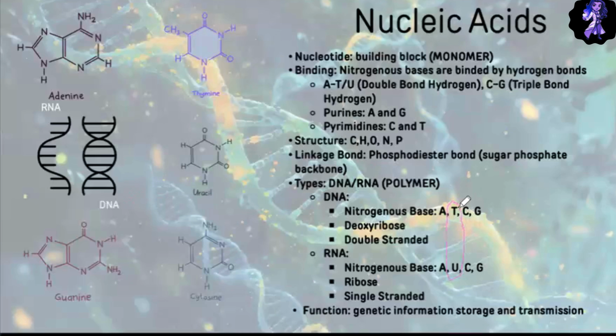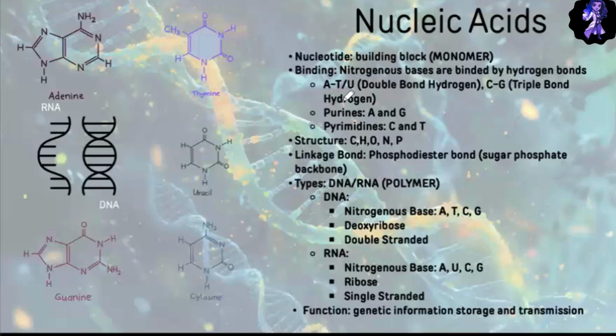The bonds between the nitrogenous bases are going to be hydrogen, meaning between A and T you have double bonds, and between C and G you have triple bonds of hydrogen. But the backbone is called the phosphodiester bond. Please also note that A bonds to T and C bonds with G, or A will bond with U for RNA.